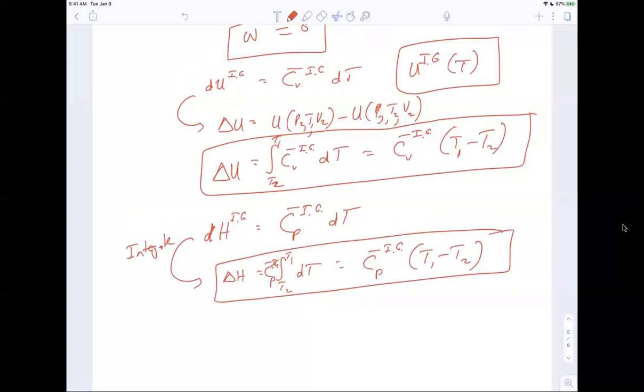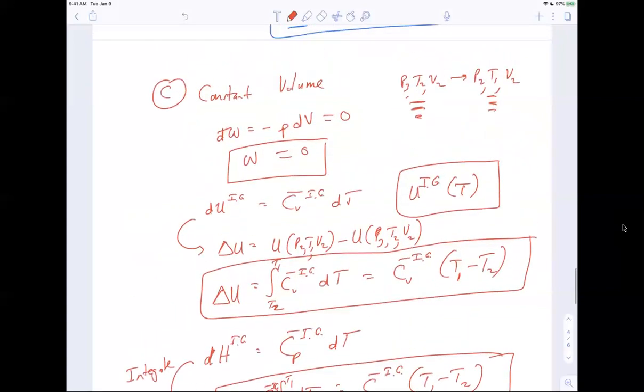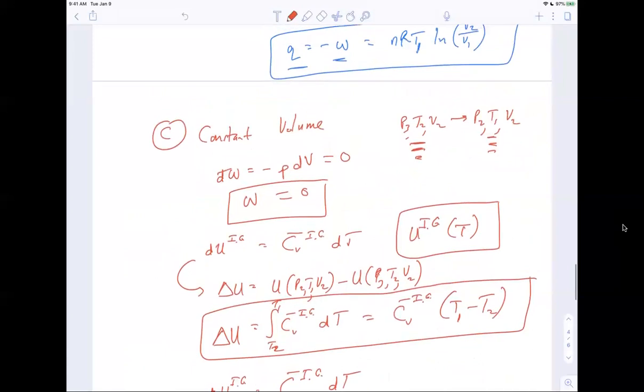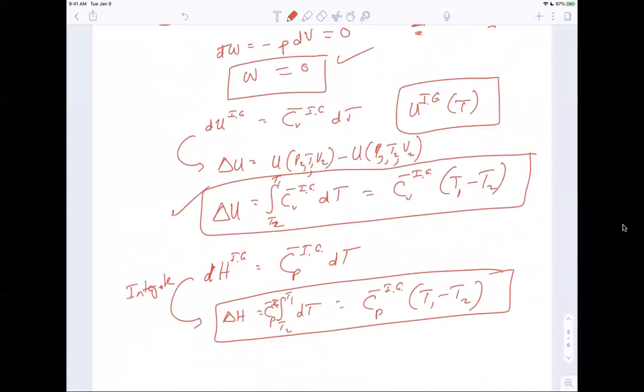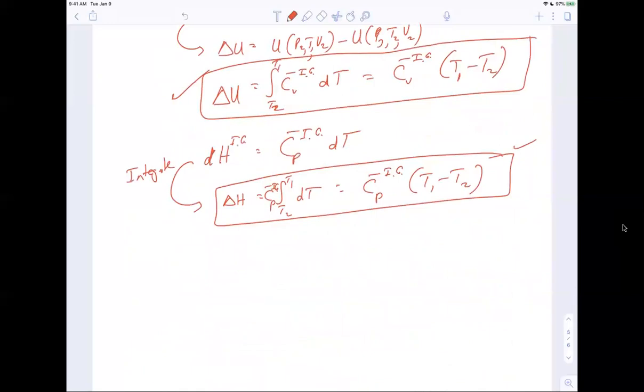And so now we have W, we have delta U, we have delta H, and we need Q. But that's kind of simple because we know that dU is equal to dQ plus dW. dW is 0 because it's constant volume. So dU is equal to dQ.